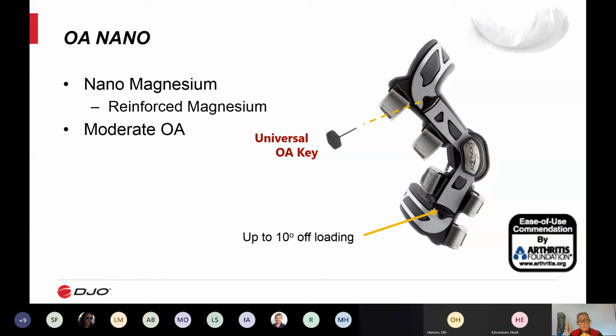But it's very good because it doesn't weigh that much. And for people who see the OA Defiance or an OA Adjuster and think this is too heavy, this is a very good alternative for the patient. And it still has the unloading effect up to 10 degrees, not 10%, 10 degrees.